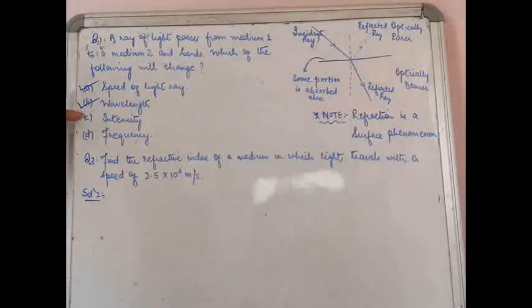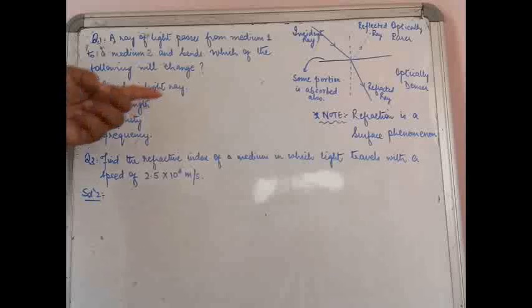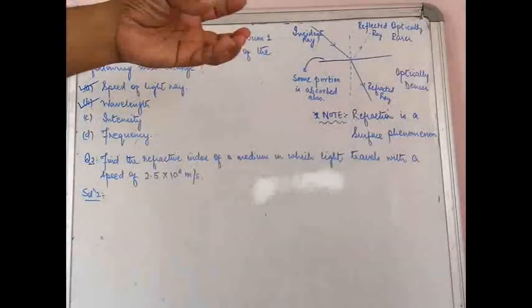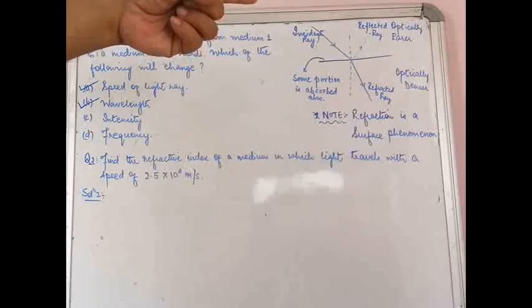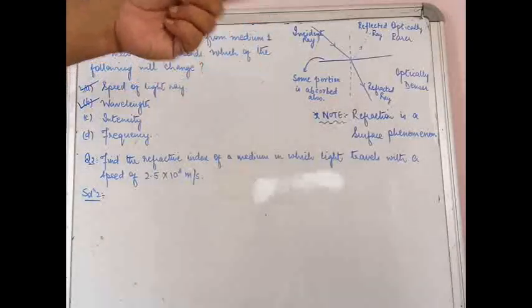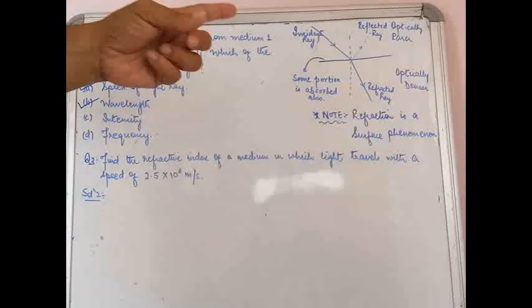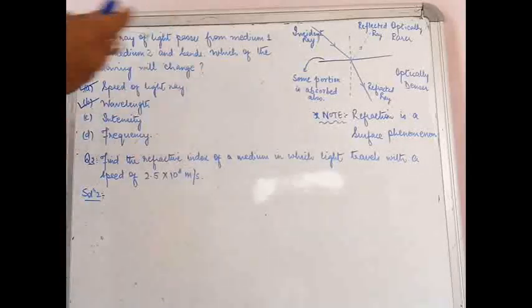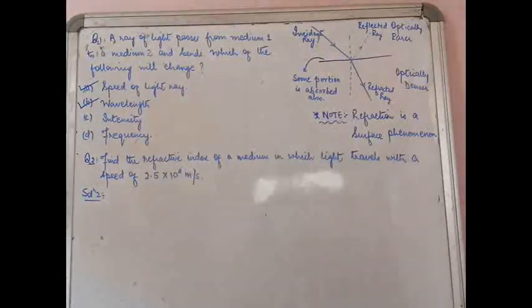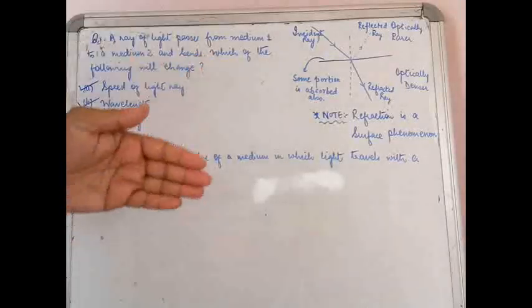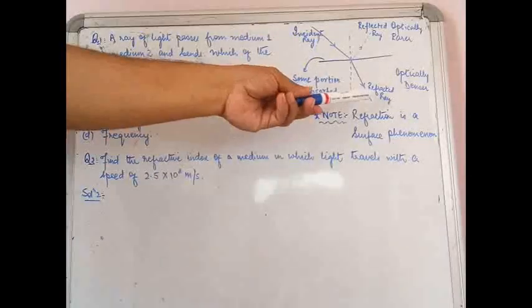Now coming to part C, which is the intensity of the light. You can answer this from the diagram we have discussed. Although the majority of the incident ray goes into the second medium as the refracted ray, there will always be some part that is reflected and some that is absorbed. So there will be a change in the overall intensity of light that comes into the second medium.